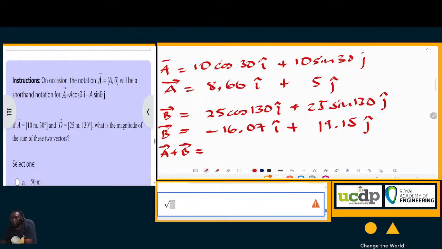Vector A plus vector B is equal to, in brackets, 8,66i plus 5 plus 19,15j.